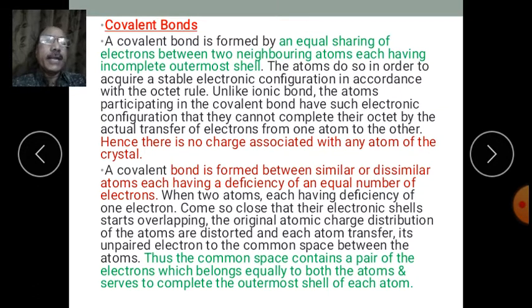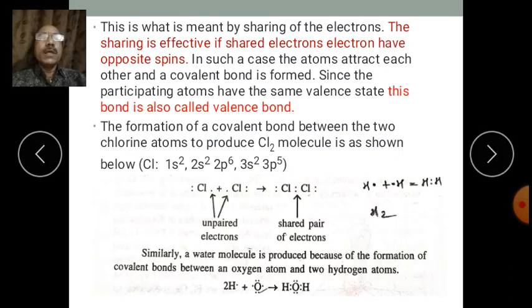They come closer, they share one electron each with the neighboring atom, and now these shared electrons are part of both the atoms. They belong equally to both the atoms and serve to complete the outermost shell of the atom. This is what is meant by sharing of electrons.